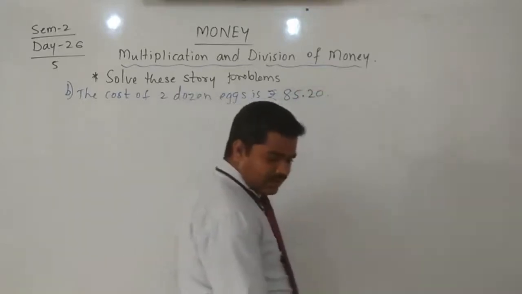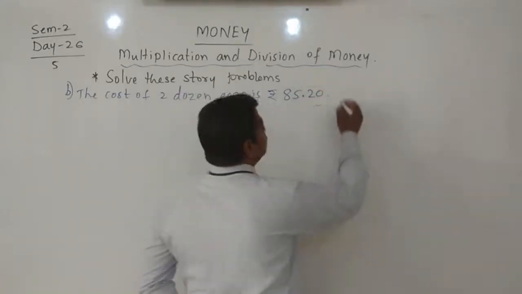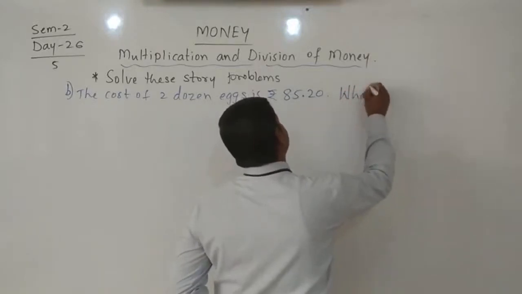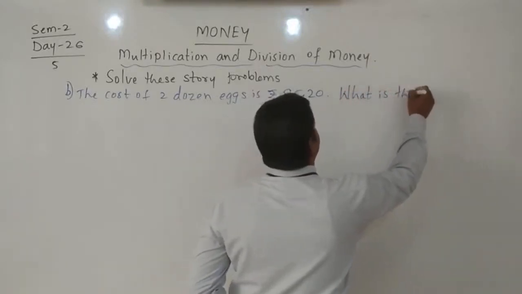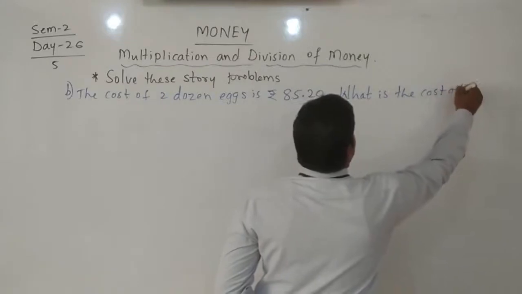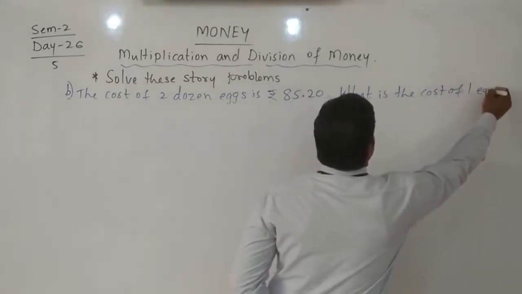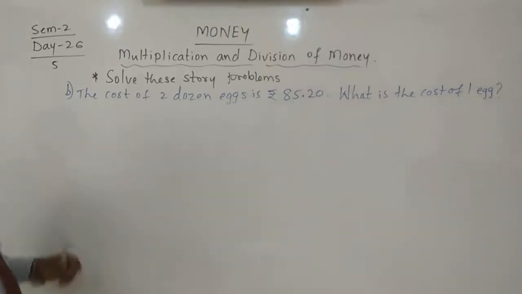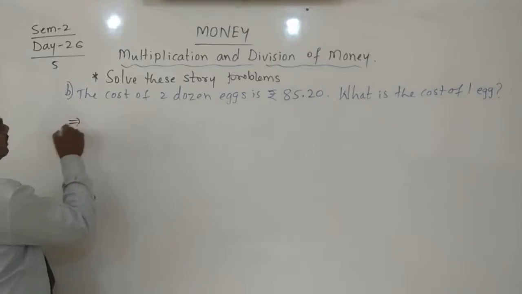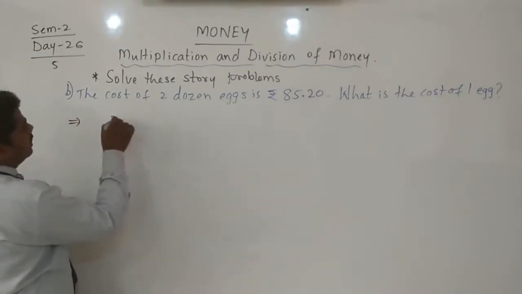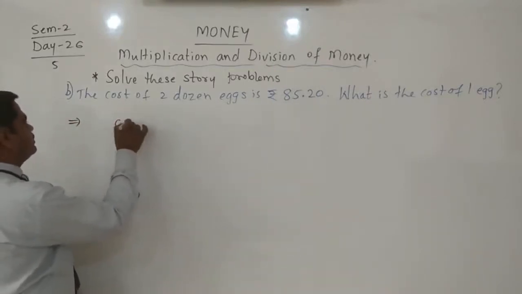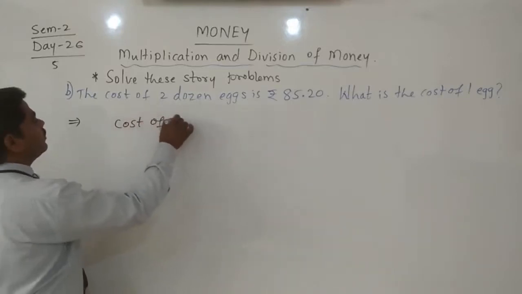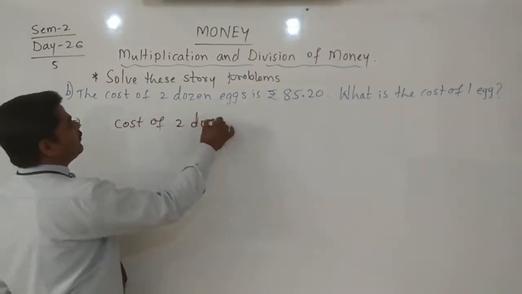Then find the cost of 1 egg. Many to 1 egg. Many to 1 means you should divide it. 2 dozen means the cost of 2 dozen eggs. Cost of 2 dozen is nothing but 24 eggs.